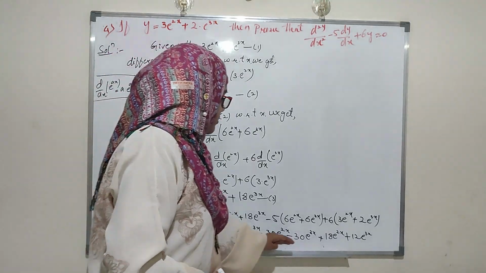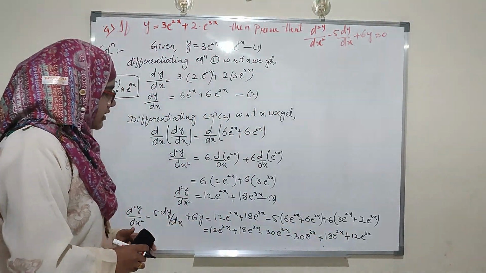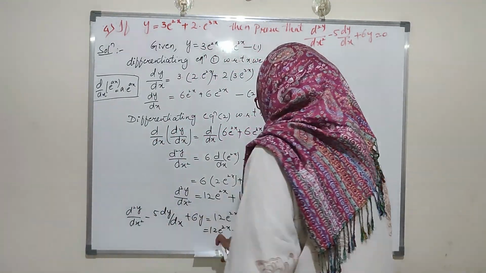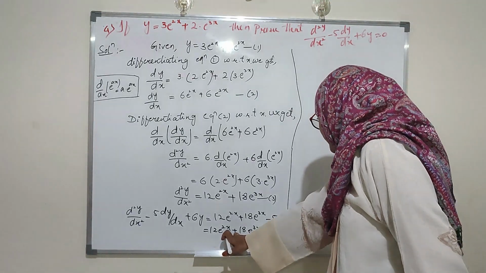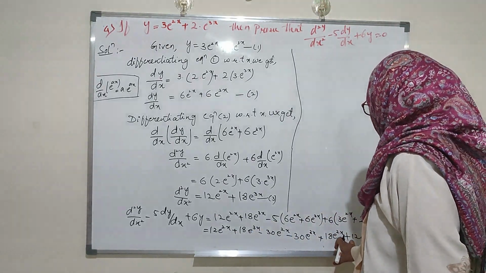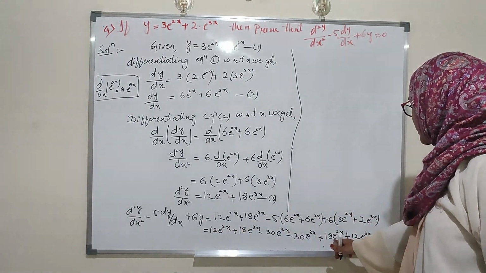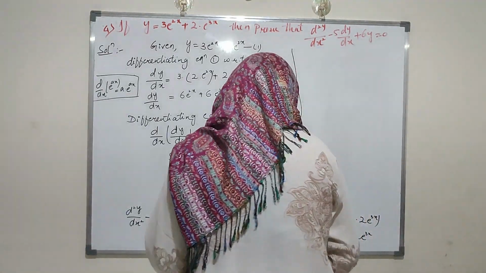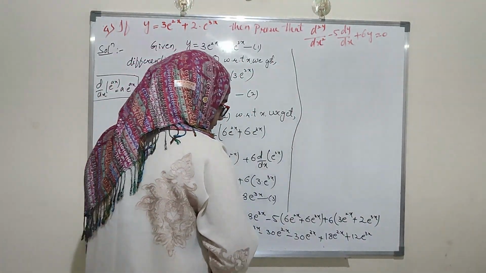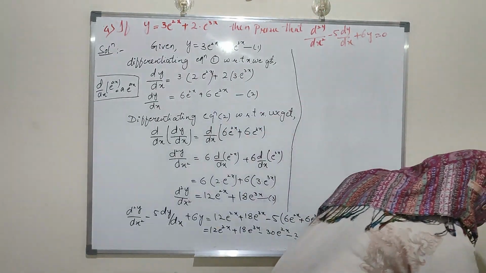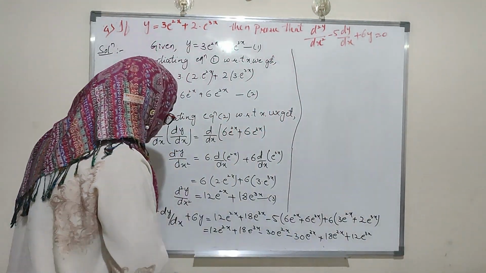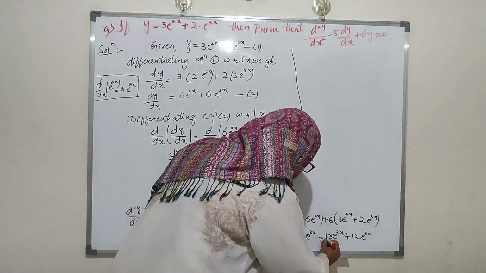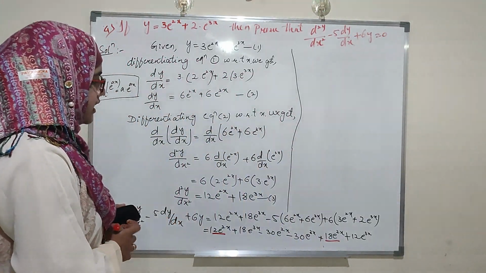Now we have to multiply the whole term, and finally we will get, I am writing here, 12e^(2x) plus 18e^(2x). I am adding this term, don't get confused here. It will become 30e^(2x).